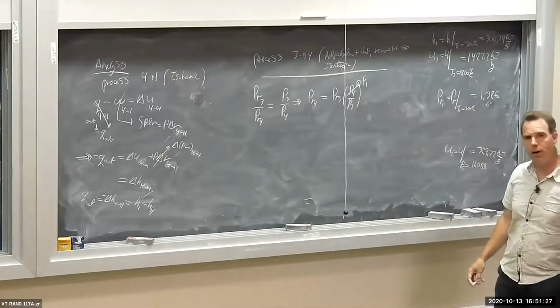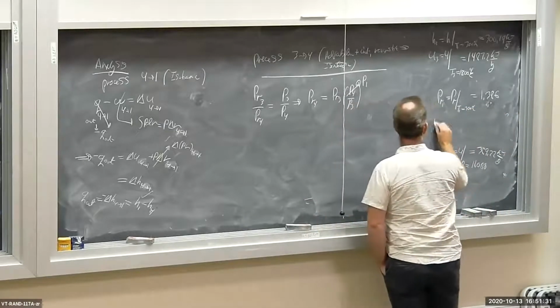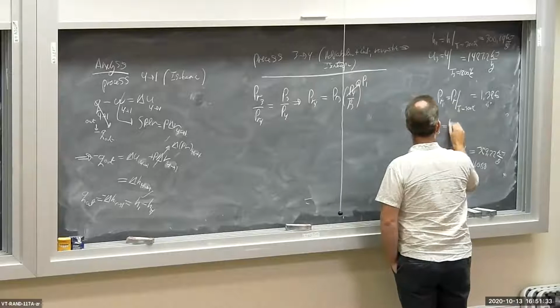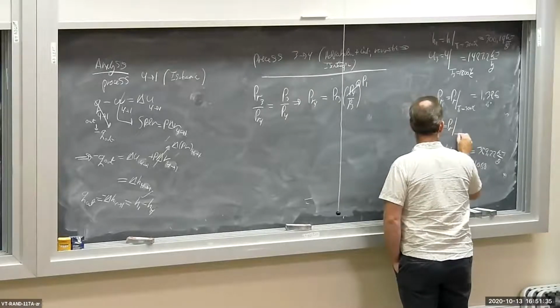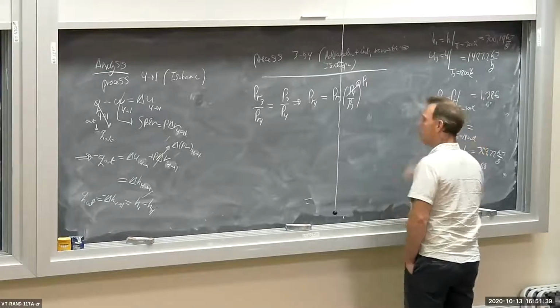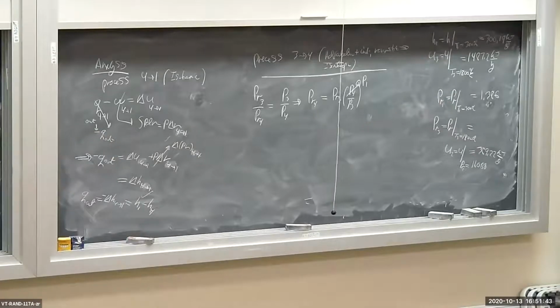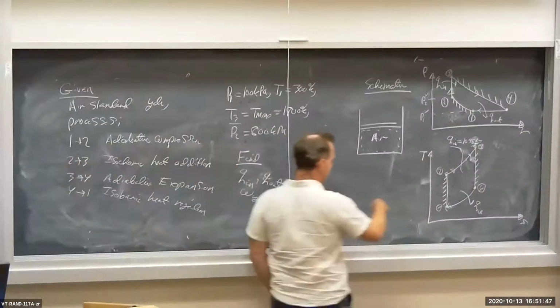I also know PR3, which is PR evaluated at temperature T3, and T3 is 1800 degrees Kelvin, the maximum temperature in the cycle.